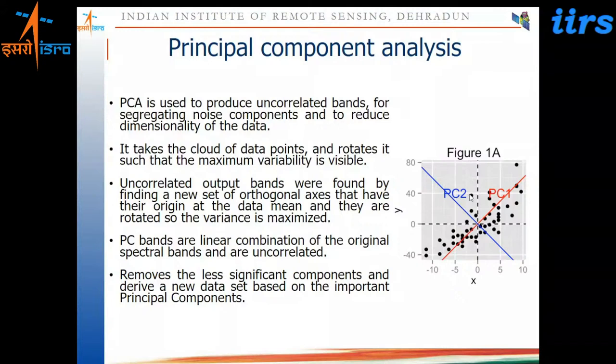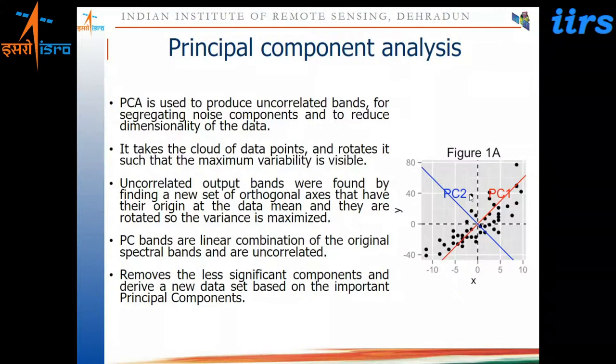It removes the less significant components and derives a new data set based on the important principal components. We subset all the resulting principal components so that the subsetted PCs have the maximum information.